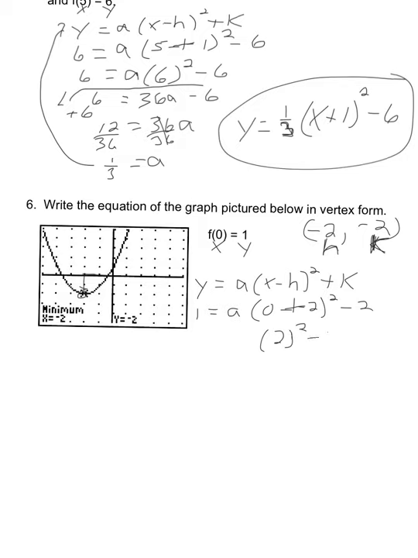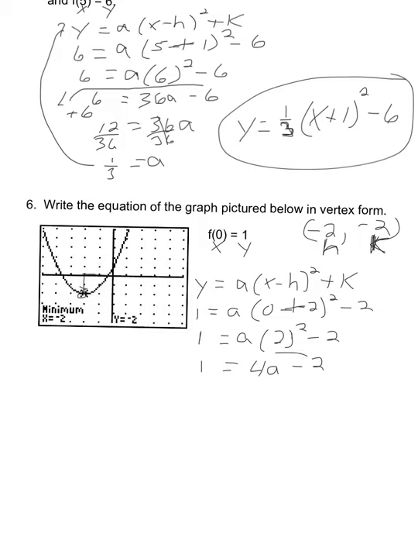Bring down everything else. So bring down my negative 2, bring down my a, my equals, and my 1. Now, I got 2 squared, which is 4, times a is 4a, minus 2 equals 1. Now, a lot of people try to combine the 4a and the negative 2. You can't do that. They're not like terms.